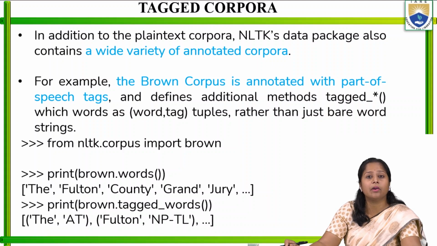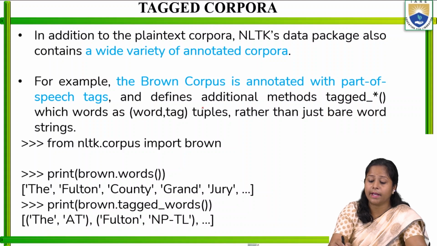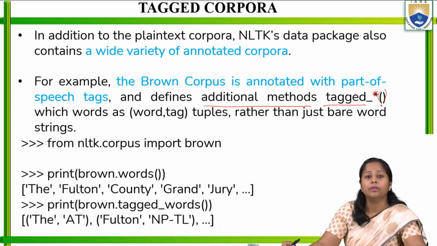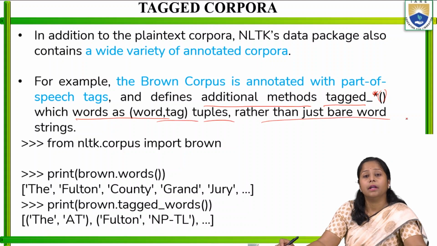The Brown corpus was introduced by Brown University, where some researchers made that corpus, and it has been tagged with POS taggers, part of speech tags, and that defines additional methods, tagged underscore asterisk functions. By writing that, we can call the different words as word and tag tuples, rather than just bare word strings.